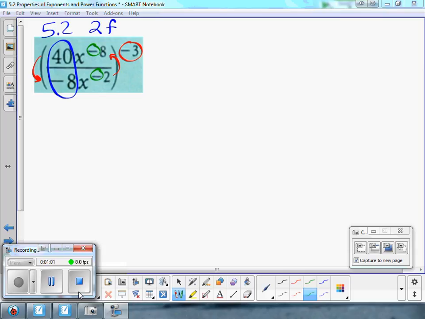Are you ready? So let's go ahead and divide 40 by -8. What's 40 divided by -8? Let's simplify those coefficients first. 40 divided by -8 is -5. Okay?